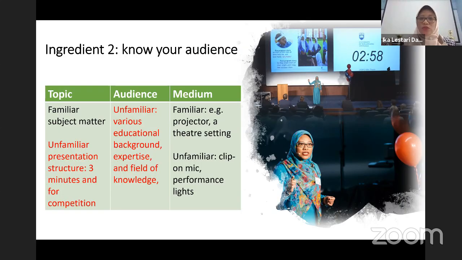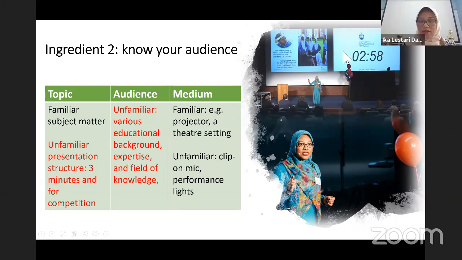Now we come to the second ingredient: know your audience. I learned so much about the importance of knowing your audience when I participated in this competition in my university, the University of Wollongong, when I studied my PhD. At that time, I delivered my thesis. I talked about my project, but I needed to talk about it in 3 minutes.